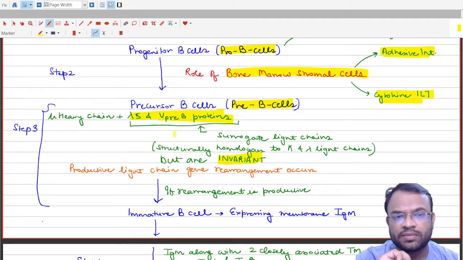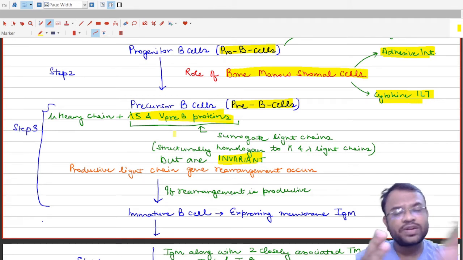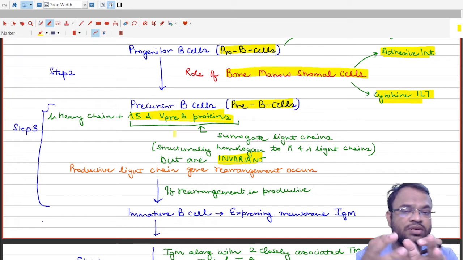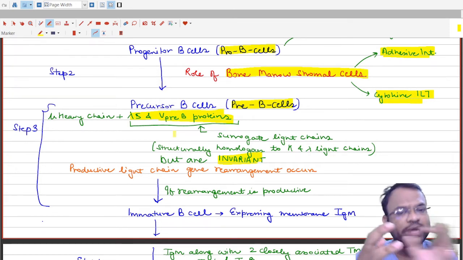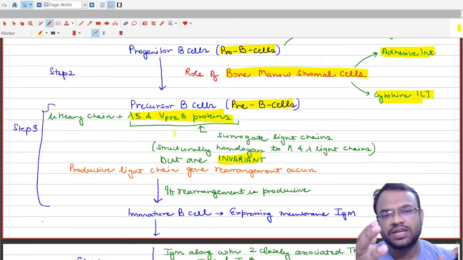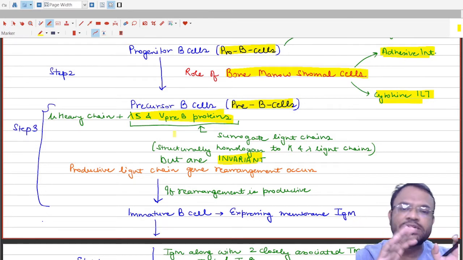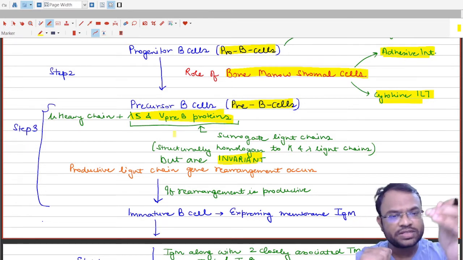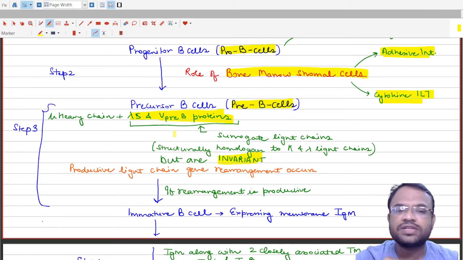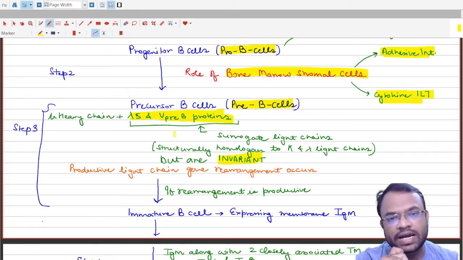Because after this, the light chain rearrangement will take place, and after that the kappa and the lambda chains would be present. But for now, in the initial stages, we are just having VPRE-B and lambda 5 proteins.